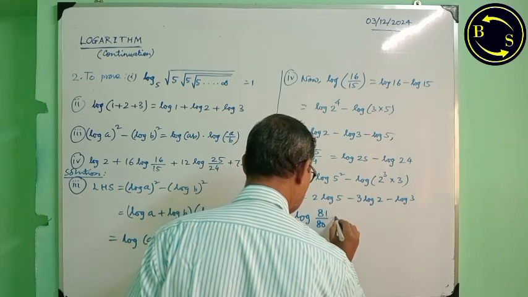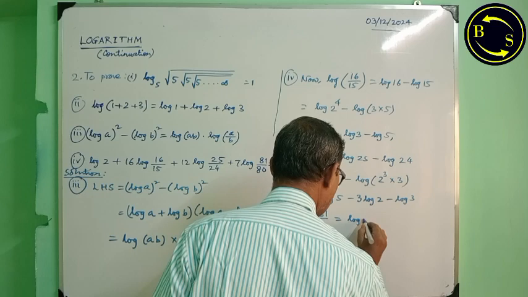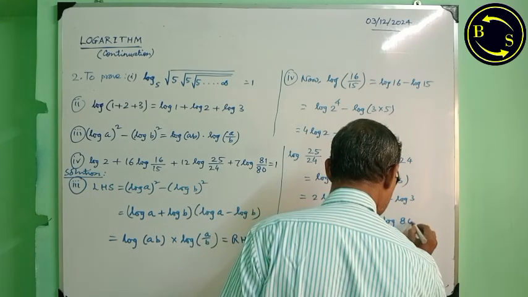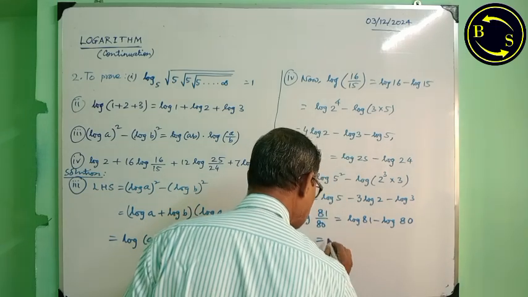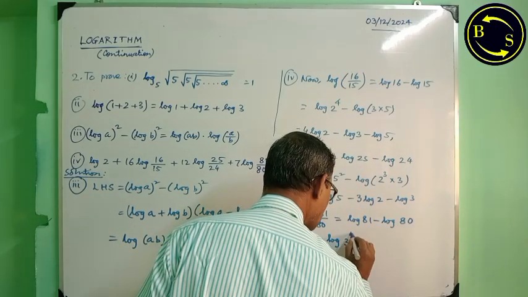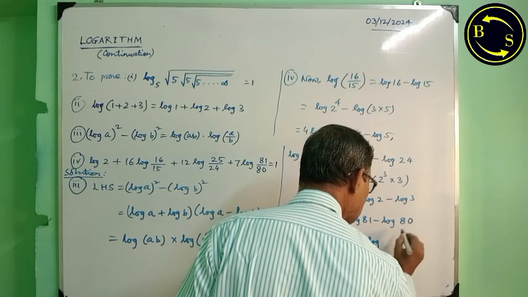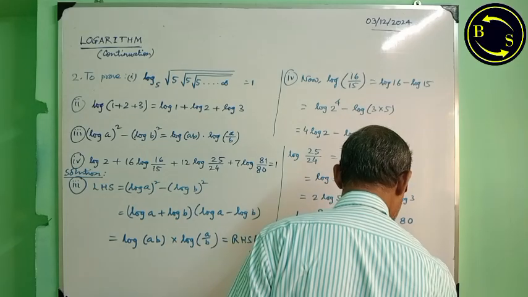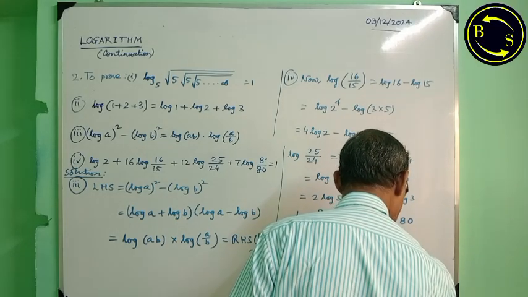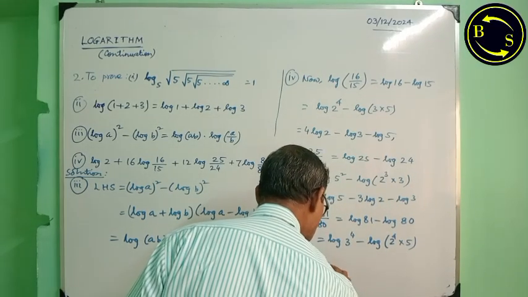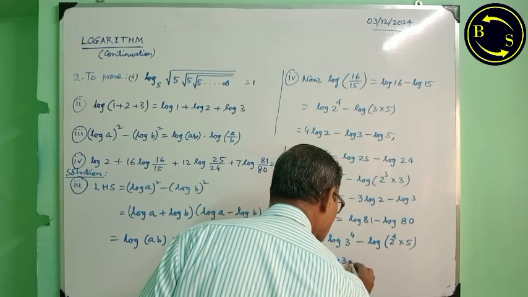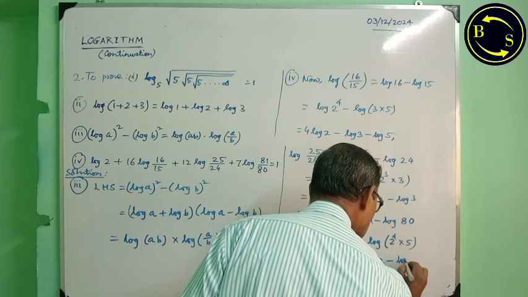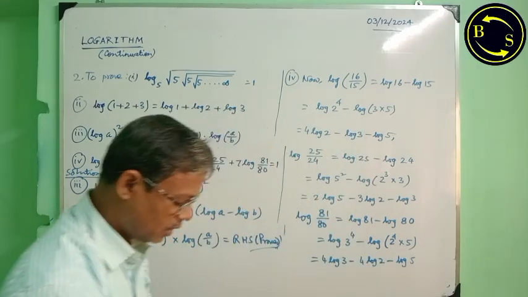Then log of 81 by 80, log of 81 minus log of 80. Now 81 is 3 to the power 4, minus log 16 into 5, 80 is equal to 16 into 5. Therefore, I can write it 2 to the power 4 into 5. That means 4 log 3 minus 4 log 2 minus log 5.